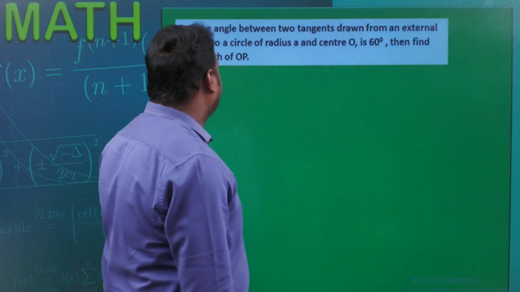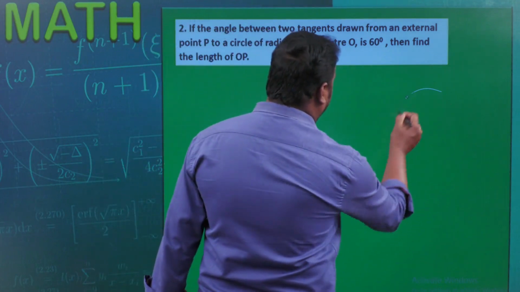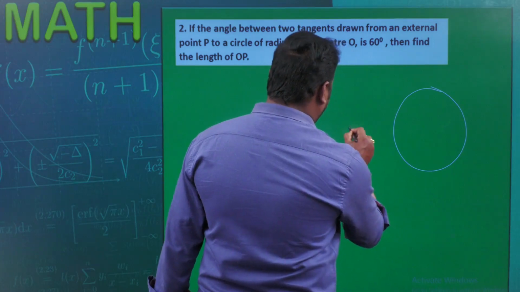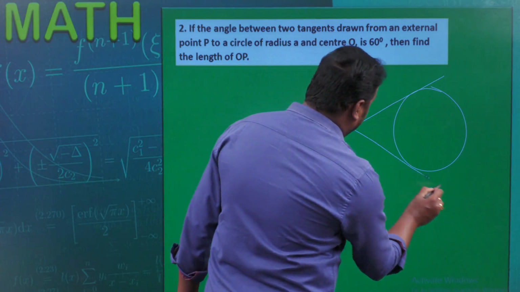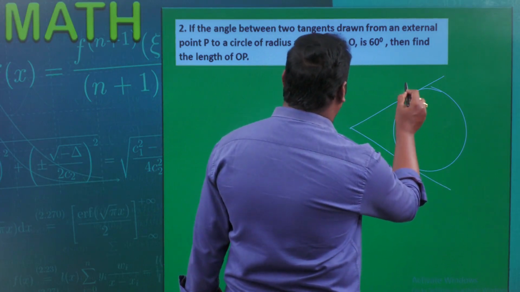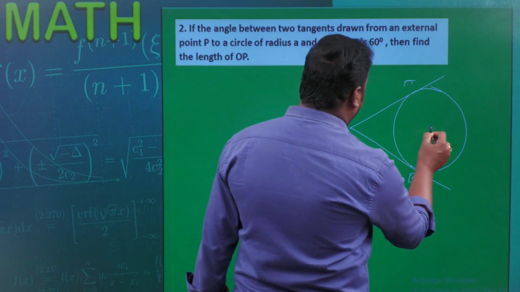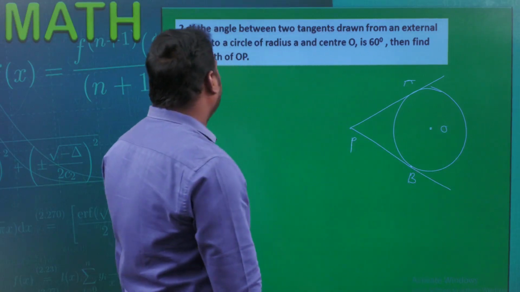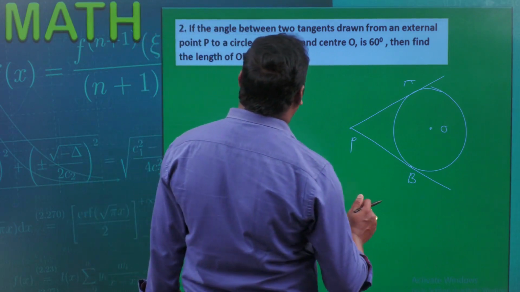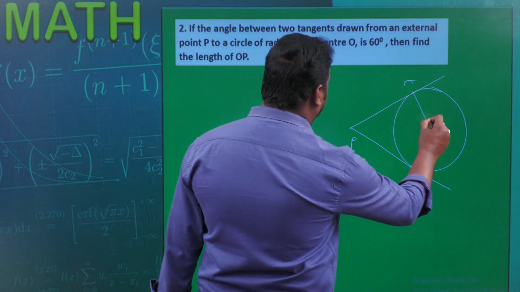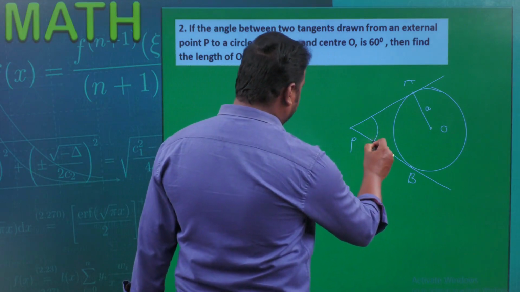Coming to the next problem: if the angle between two tangents drawn from an external point of a circle, this is a circle, this is a point outside the circle, this is the radius, this is one tangent, this is one more tangent, these two are points of contact, let it be A, and this is B, this point is P, and the circle with center O. If the angle between two tangents drawn from an external point P to a circle of radius small a is 60 degrees, so this entire angle is equal to 60 degrees.